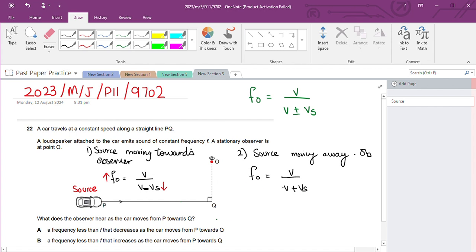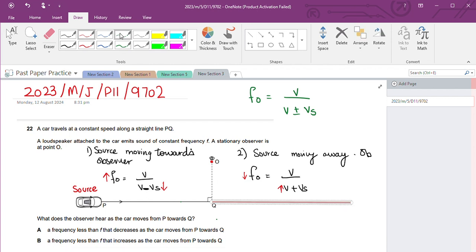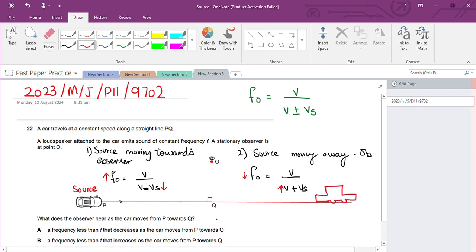In the other case the denominator is increasing, so your frequency is decreasing. So when the source is moving away from the observer, obviously the observer will hear less sounds, so this frequency is decreasing. Whereas when the source is moving towards the observer, the observer will hear more sounds, so frequency is increasing.